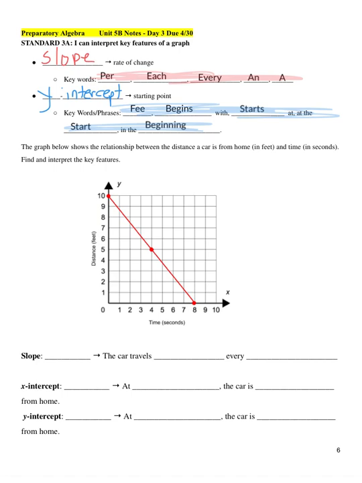Now, this slope. We know how to find slope. It's rise over run. So I find my leftmost point and I go down 5 over 4. So what is my slope? It is 5 over 4. Now, what does that mean in the real world context? Well, let's look at the graph.